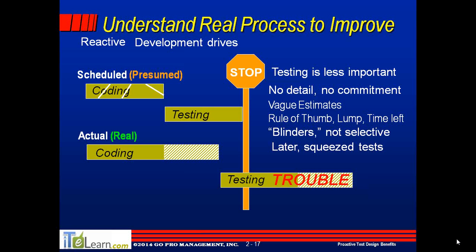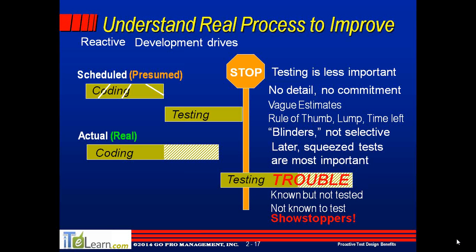In addition, the tests that get squeezed tend to be the later tests, and the later tests are usually the more important tests, the ones that are dealing with functionality fitting together. Some of what is not tested are things that we know about, but we just don't have time to test them. Some of what's not tested are things that we don't even know about.